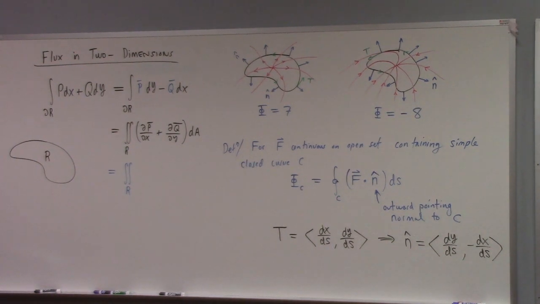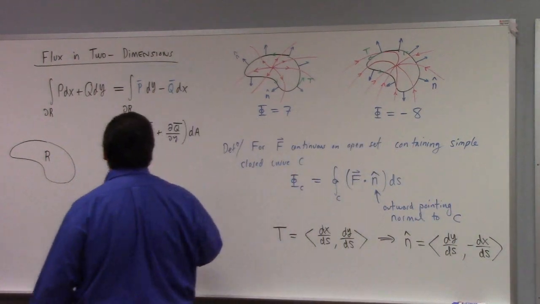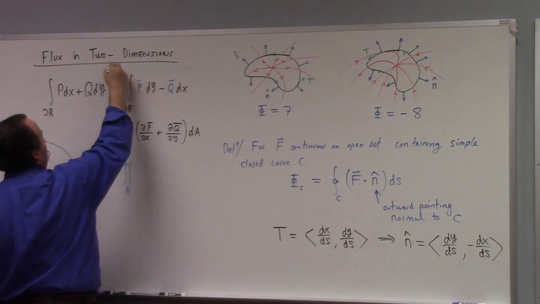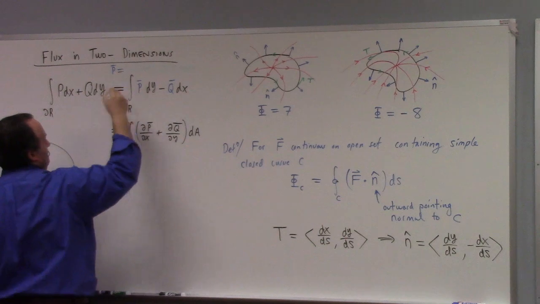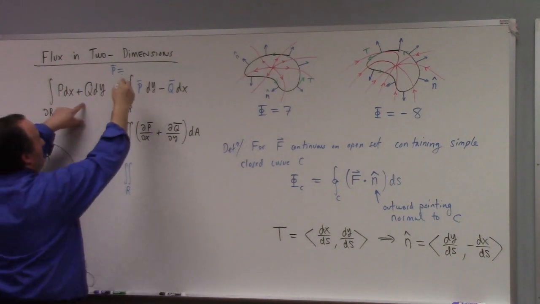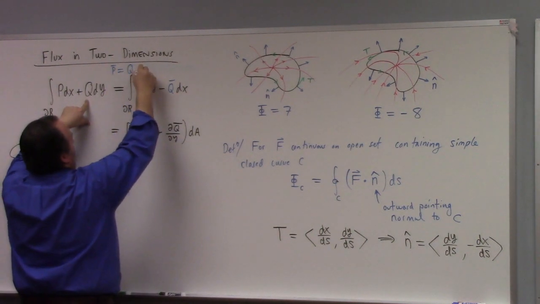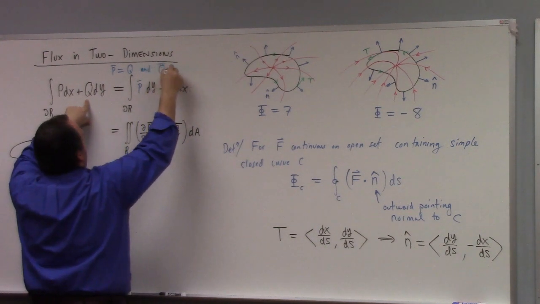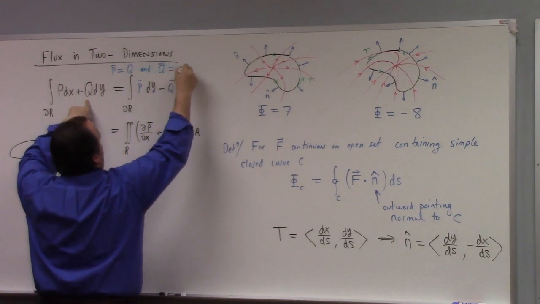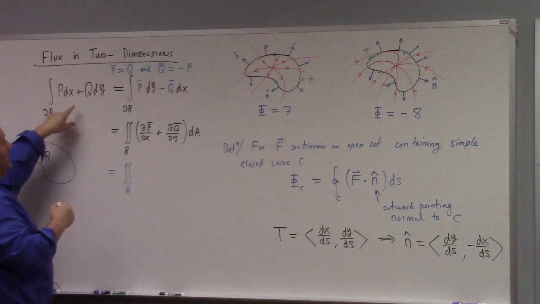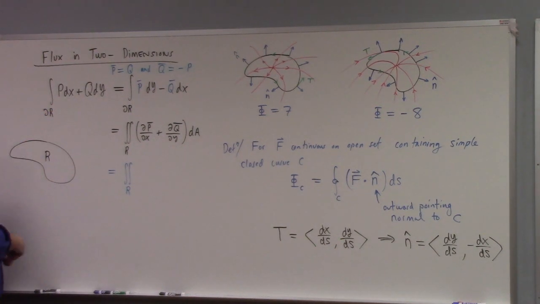All right, now that we have that, tell me, what is the relation? What is P bar equal to? P bar is equal to Q. And Q bar apparently is equal to minus P, right? This is not rocket surgery or anything.